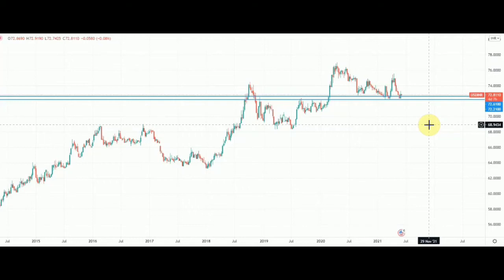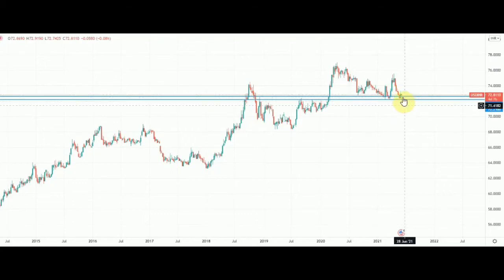A few days back I had posted my thoughts on USDINR. If you join my Telegram channel, you will be able to see that post as well, with the important levels which I had shared there. Clear? So there I told that USDINR is presently hovering around 72.8. I mentioned that 72 to 72.5 is a very, very important zone for USDINR.